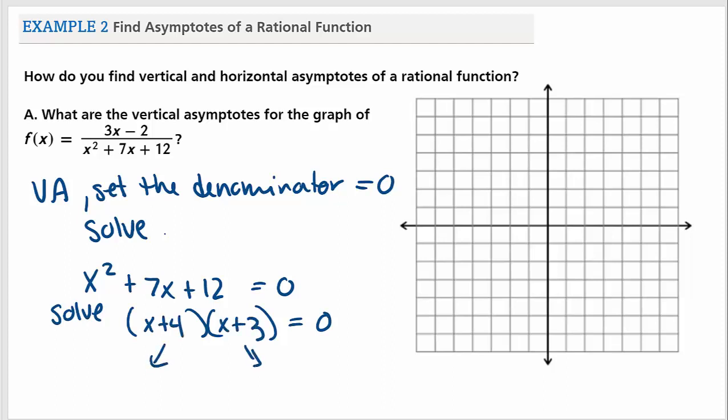So I set each one equal to 0 using the zero product property, and we get x is equal to negative 4 and x is equal to negative 3. So notice that we actually have two different vertical asymptotes here. So I'm going to plot those, and I'm going to label them.